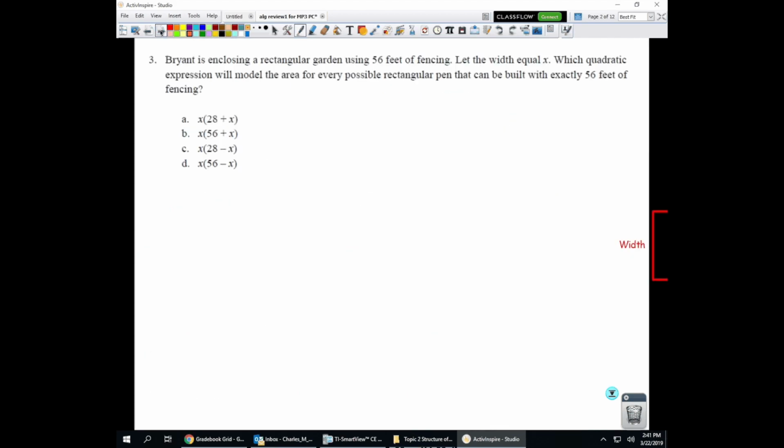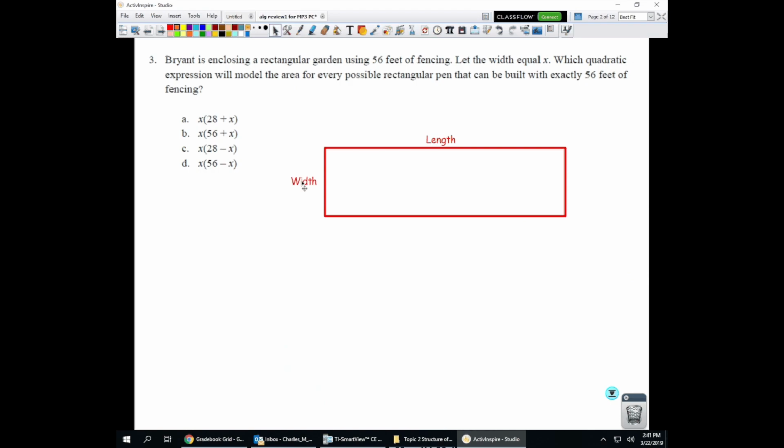Okay. Number 3. If we're enclosing a rectangular garden, and that's key here because we know certain properties of a rectangle, that there are 2 sides with the same length that we describe as width, and 2 sides that we describe as length, and they are equal also. Now, this one says we have to have a total of 56 feet of fencing.